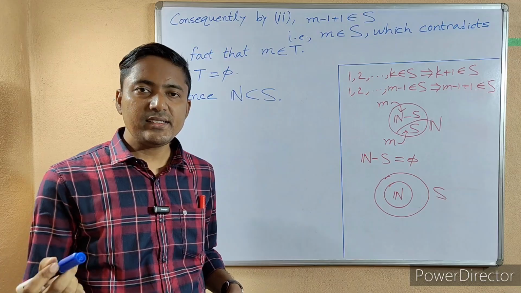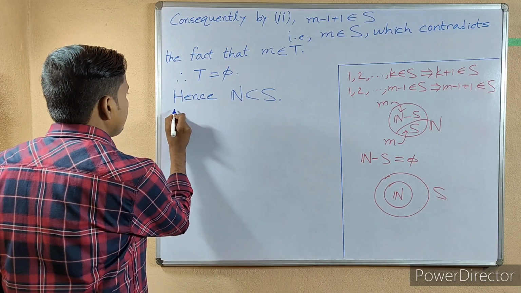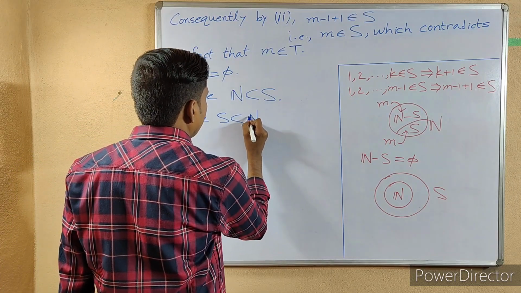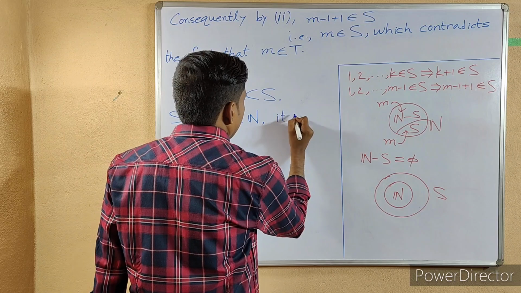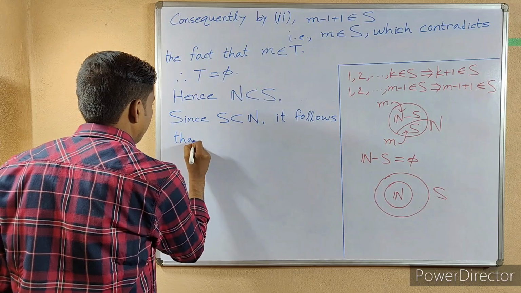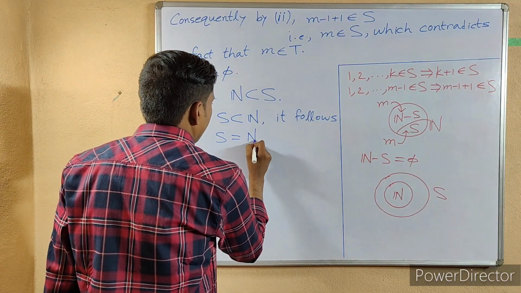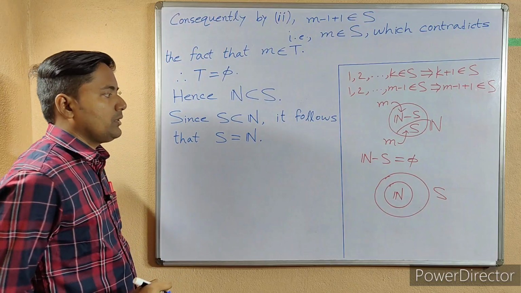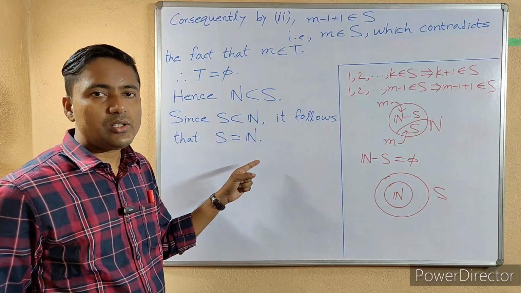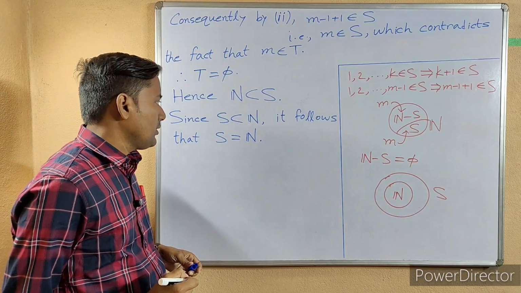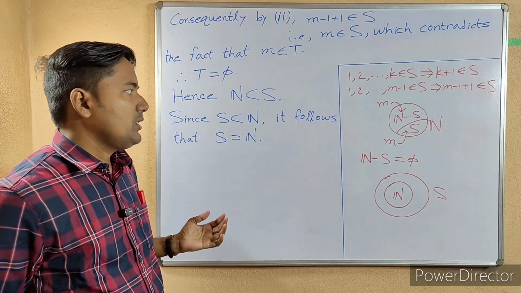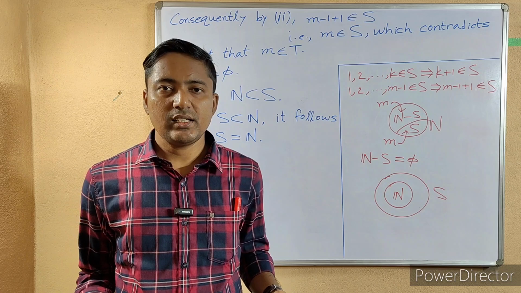Now given that S is a subset of N, since S is a subset of N, it follows that S equals N. S subset of N and N subset of S implies S equals N. Okay, this completes the proof. So we have proved the second principle of mathematical induction.